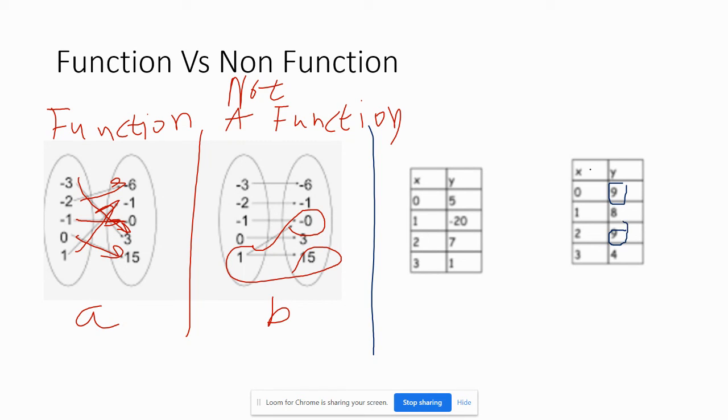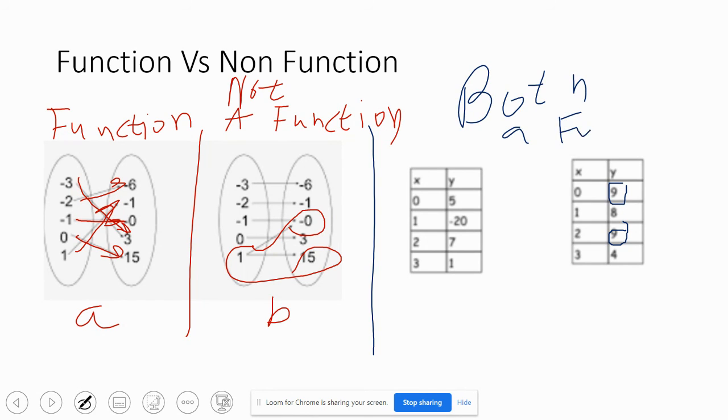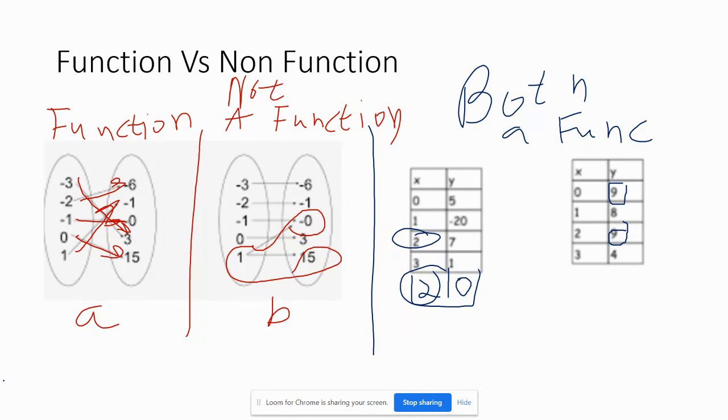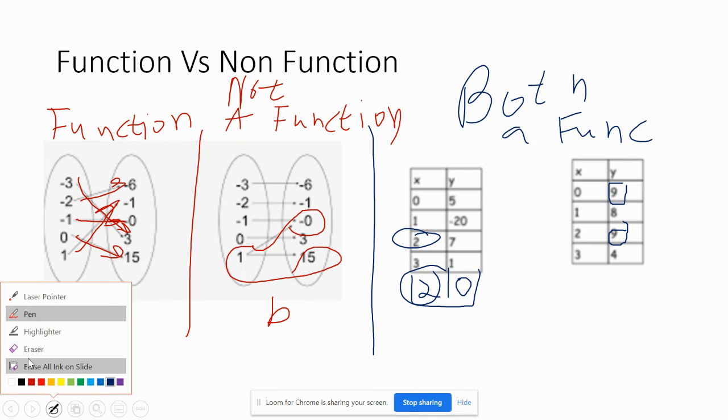It only matters if x repeats. So both are functions. But if I added a new value onto this table, let's say it goes down again to 2, and I'll say 2 goes to 0, now that I have two 2's in this table, it's no longer a function.